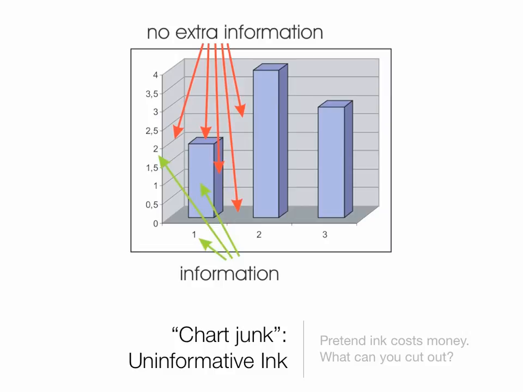And this is an important principle to keep in mind when you're drawing a graph. You should always ask yourself, if I'm creating some kind of ink in this graph, digital ink or actual ink, what purpose is it serving? Is it actually conveying information, or is it just being decorative?